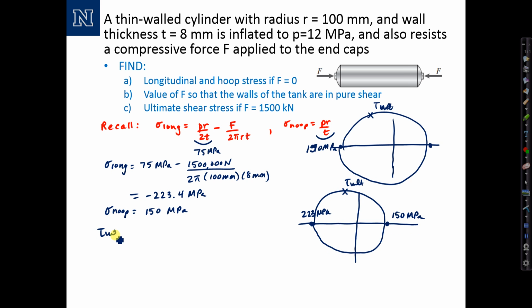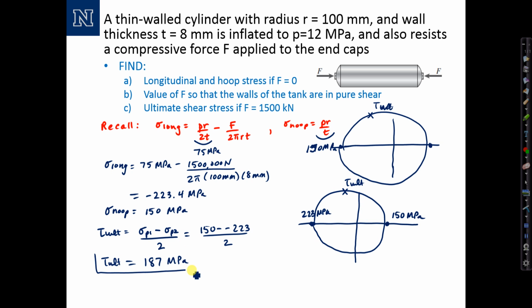So tau ultimate should be equal to sigma p1 minus sigma p2 divided by 2. That's the radius of the circle. 150 minus a negative 223, divided by 2. And that computes to about 187 megapascals. That's our ultimate stress. Okay, that concludes this example.